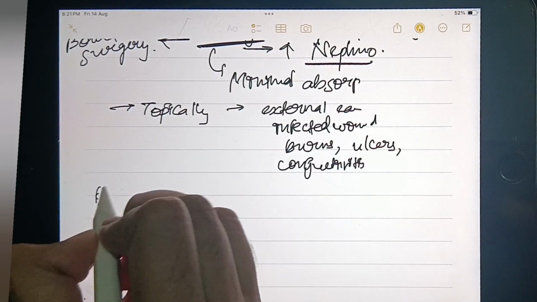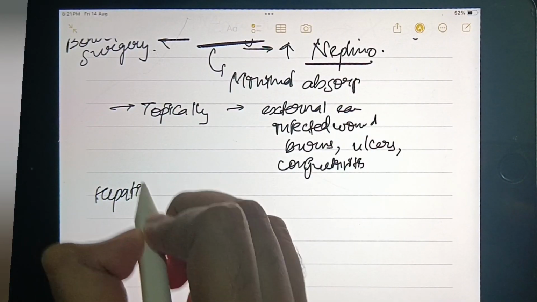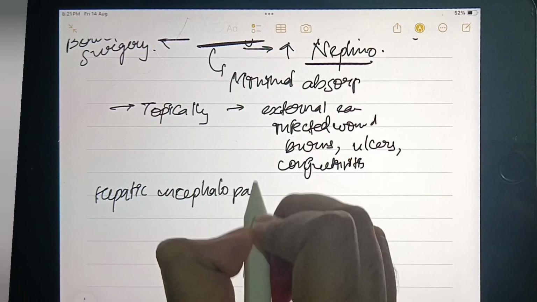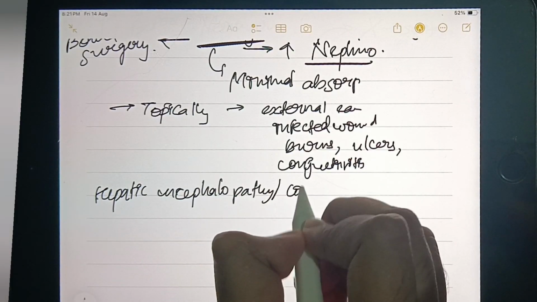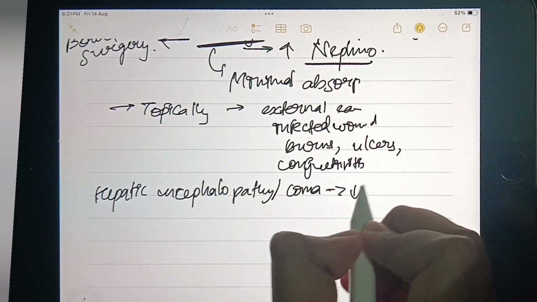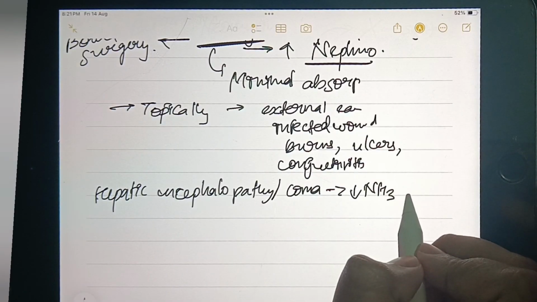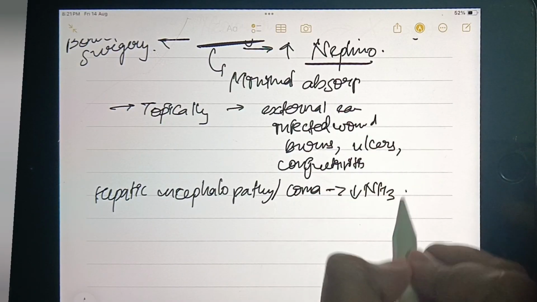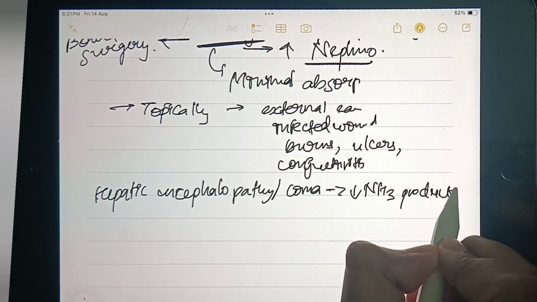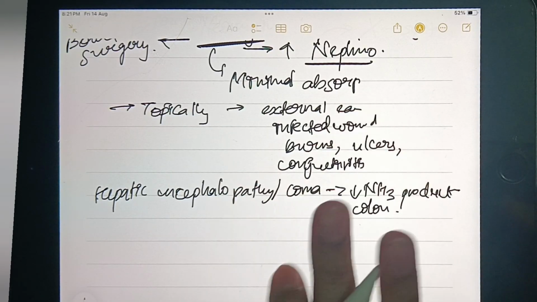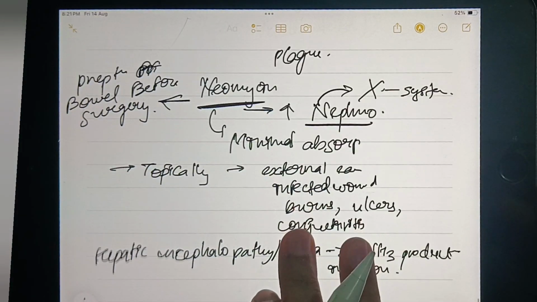And it is also used for hepatic encephalopathy or coma, as it reduces the ammonia production in the colon. Sorry for my handwriting.